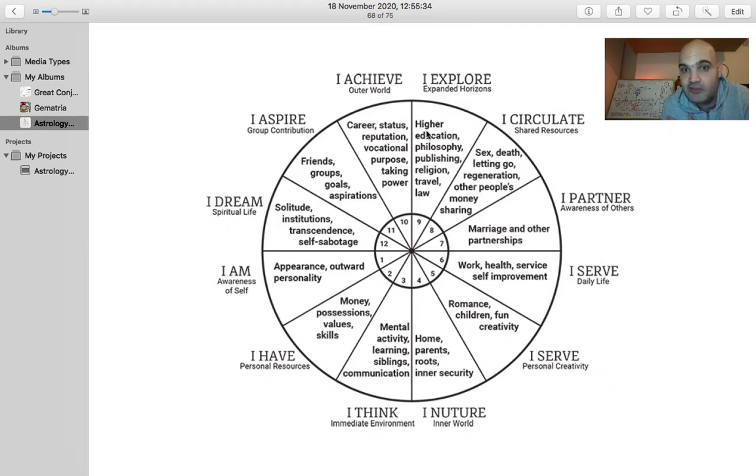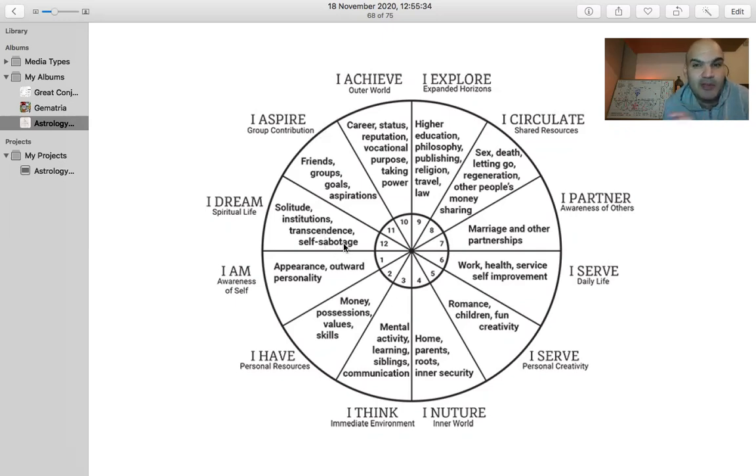The ninth house is about higher education, philosophy, publishing, religion, travel, law. The 10th house is about career, status, reputation, vocational purpose, and taking power. The 11th house is about your friends, groups, goals, and aspirations. And the 12th house is about solitude, institutions, transcendence, and self-sabotage.